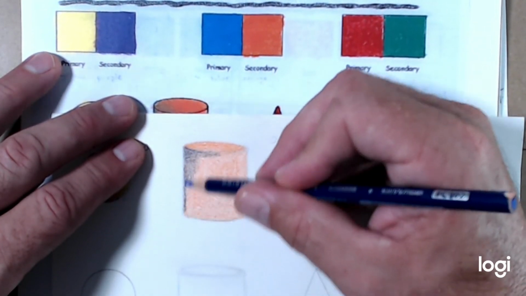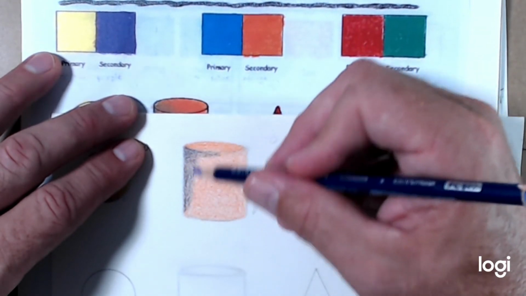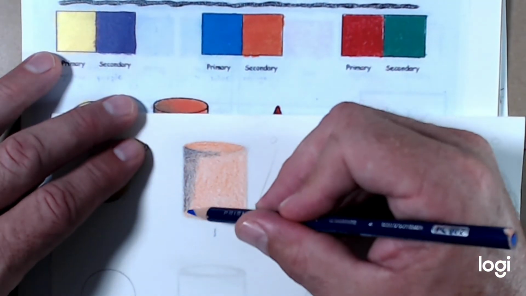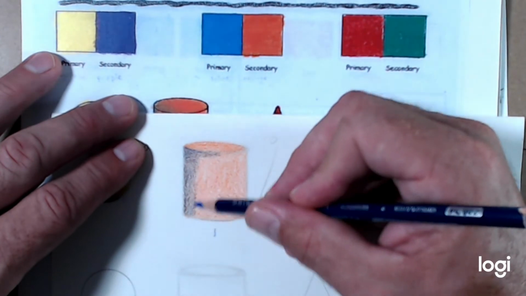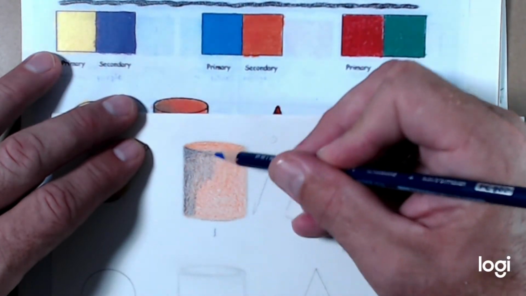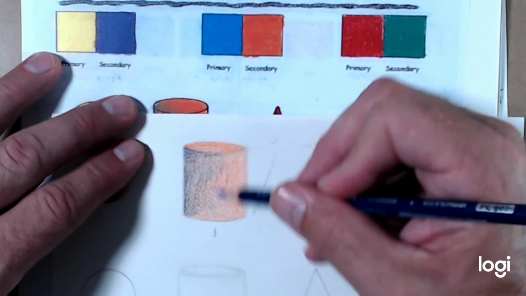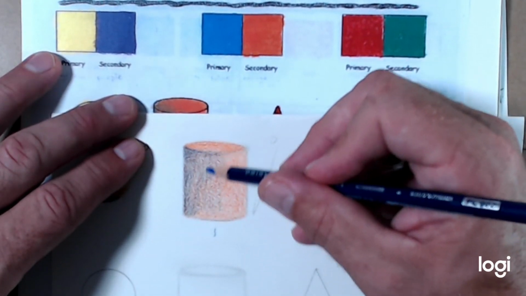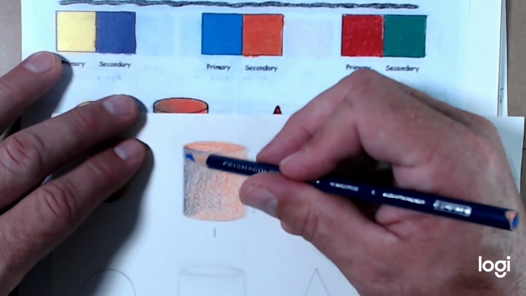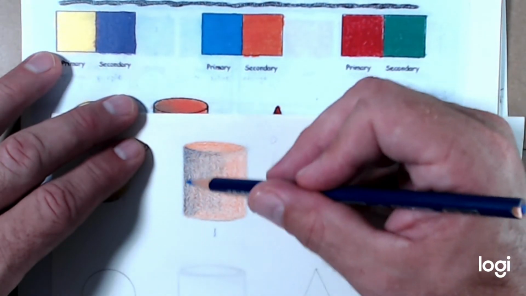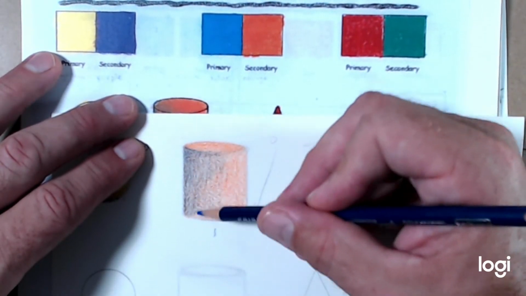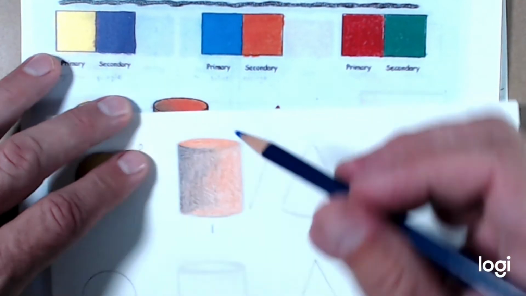So you can go 2-3 pressure back here, but definitely as you start getting towards this middle spot, you want to start pulling back on your pressure so it fades into the orange, right? Just blends right in seamlessly. Nice, what we call a smooth transition. We want to have a smooth transition from blue to orange, right?